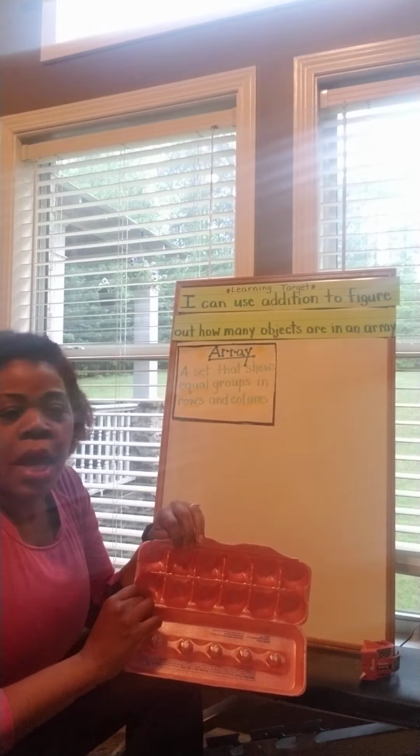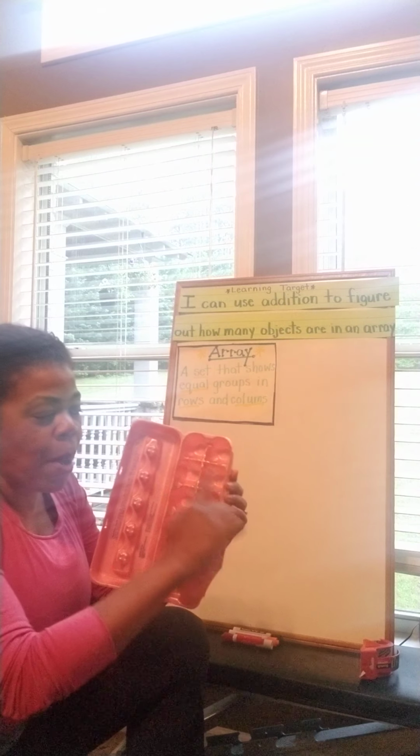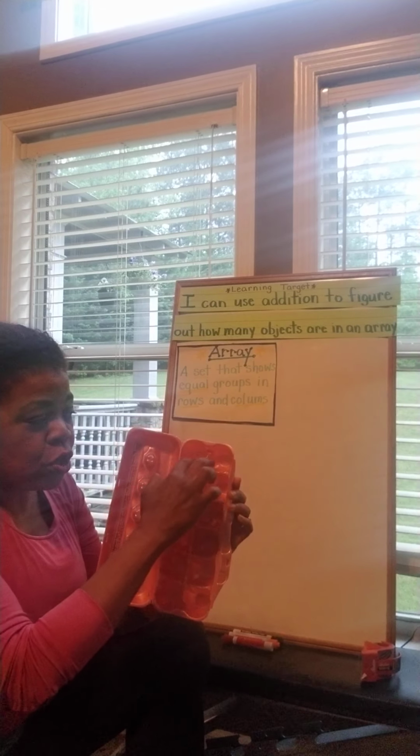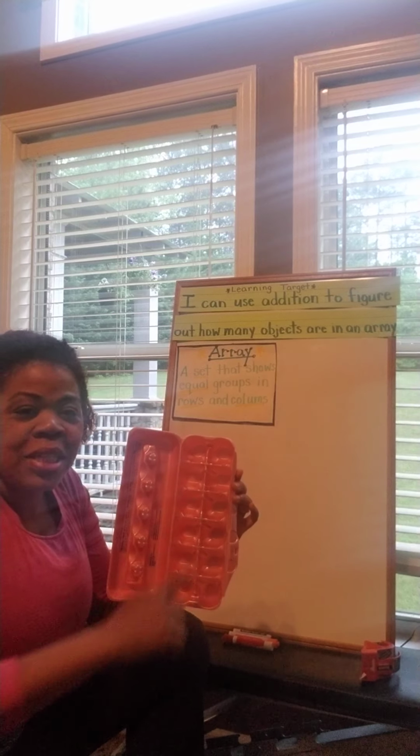Now watch, I'm going to turn it a different way. Now I'm turning it this way. And now we still have 6 plus 6 this way, but if we go by the rows, what do we have? 2, 2, 2, 2, 2, and 2, right? So we've got 2 plus 2 plus 2 plus 2 plus 2 plus 2. Okay, so we've got 6 sets of 2.